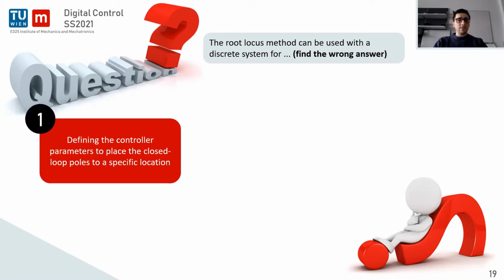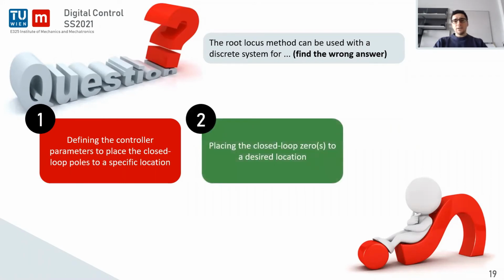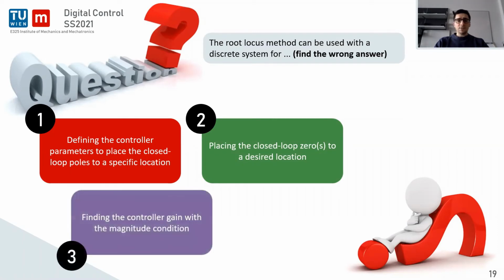The first statement is defining the controller parameters to place the closed loop poles at a specific location. So I can use the root locus to choose the controller parameters so that the poles are located at a specific location. The second is that I can place the closed loop zero at a desired location. The third one is finding the controller gain with a magnitude condition.